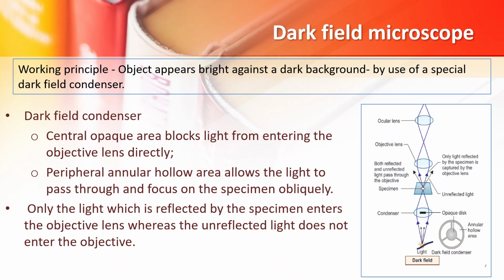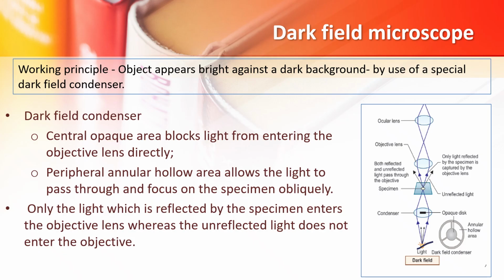It uses a special condenser and objective lens to scatter the light around the sample, which creates the bright image against the dark background. Coming to the principle of this, it uses a light microscope with an extra opaque dark disc underneath the condenser lens, or a special condenser having a central blacked out area, due to which the light coming from the source cannot directly enter into the objective.